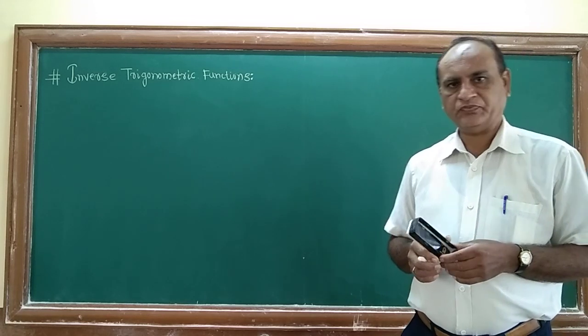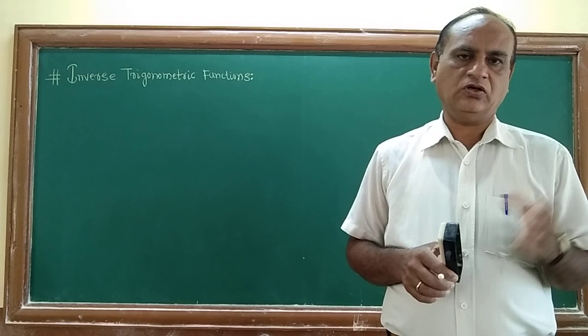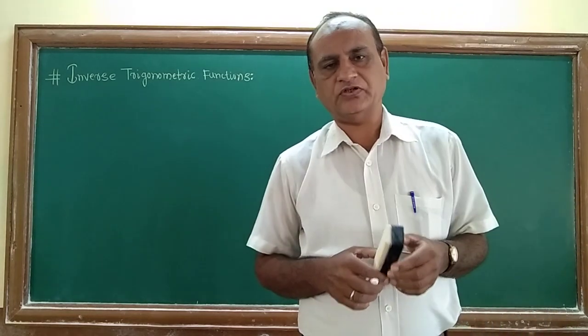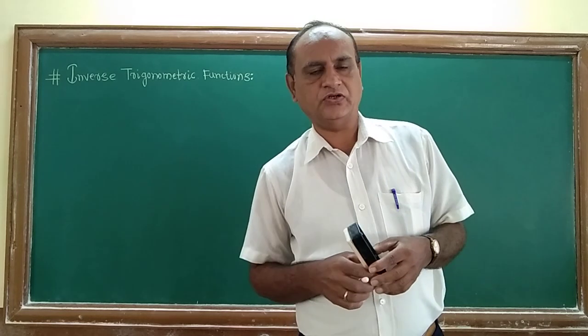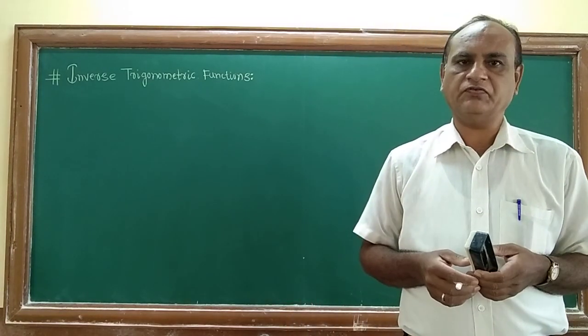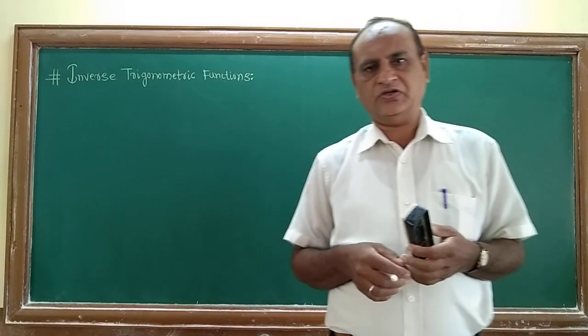You already know about functions. So function means odd function, even function, trigonometry functions, exponential function, logarithm functions, and even algebraic functions. So these are the different types of functions.